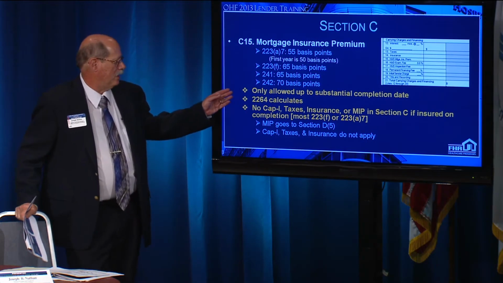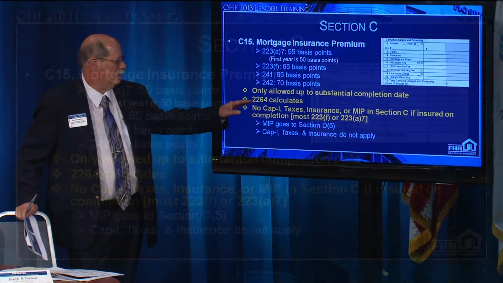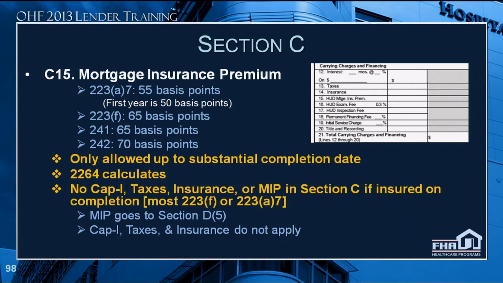All right, so your costs are only allowed for up to the substantial completion date plus the 60 days in there. The 2264, like I say, does calculate that in there. There's no cap I, which is capitalized interest, taxes, insurance, or mortgage insurance premium in Section C if it's insured upon completion.